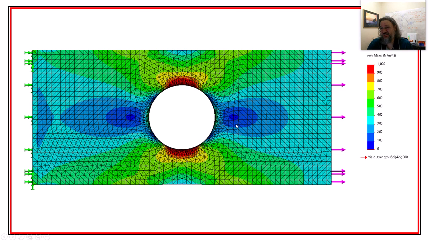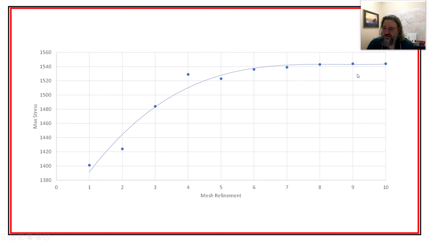This one solves pretty easy because it's just a simple problem. But you could see that this happens. So you need to do a little bit of this type of study. You don't want to go crazy with it, and send millions of degrees of freedom for every single problem. But you do want to have a little mini study all the time to see what is the effect of doing a mesh, especially where there's high stresses in a local area.